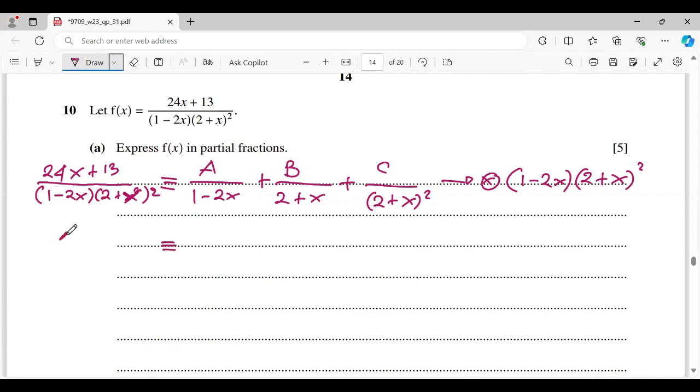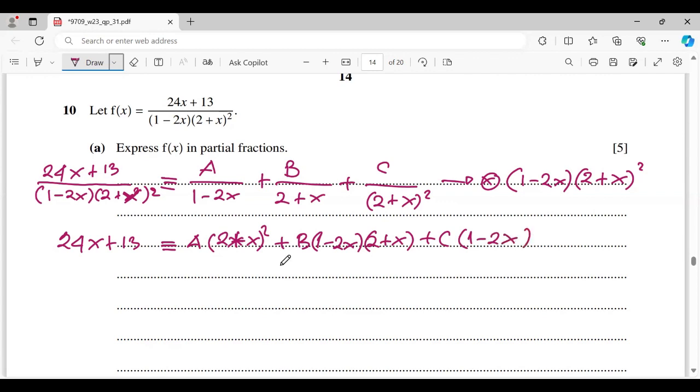It becomes 24x plus 13 equals a times 2 plus x squared, plus b times 1 minus 2x times 2 plus x, plus c times 1 minus 2x.